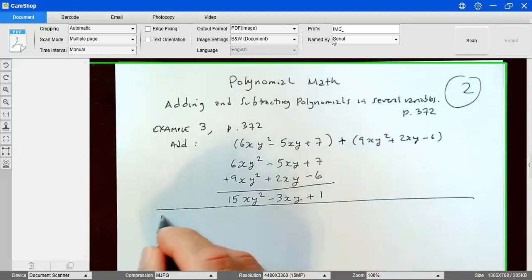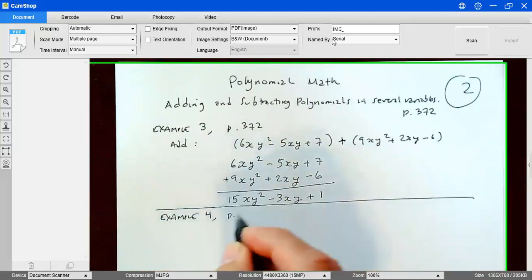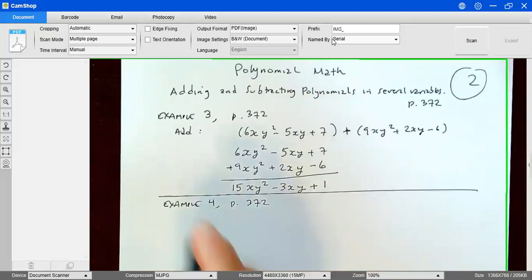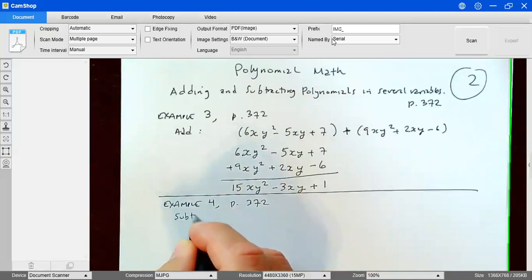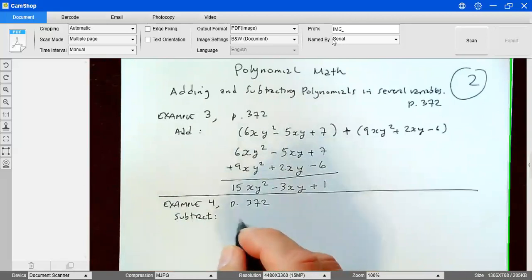Now we're going to work example 4. That's on page 372. And now we're going to do a subtraction. We're going to perform the following operation.